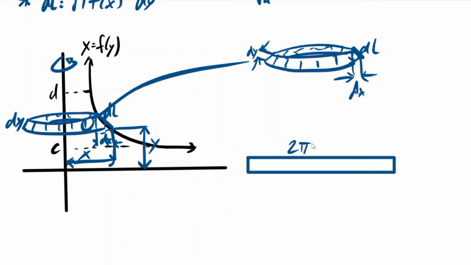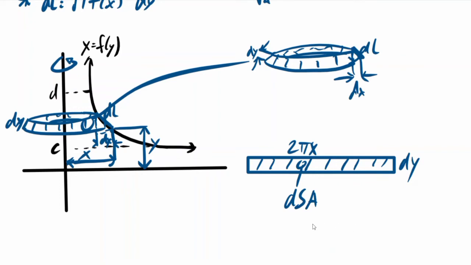Our formula for circumference is 2 pi r, in this case 2 pi y, just like before. But since this is a dy strip, it's going to be 2 pi x dy. And then the center of the strip here is our differential surface area.